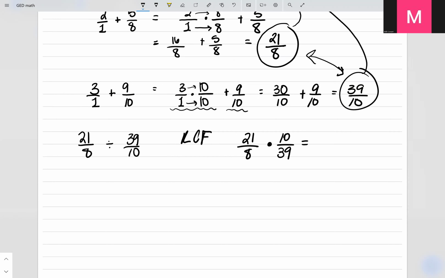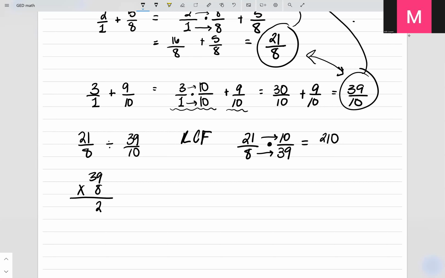And so then 21 times 10 is 210. And 8 times 39, I have to set that one up. And now 8 times 39, go over here.